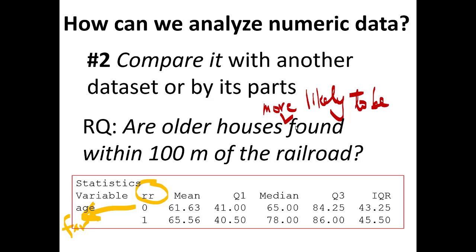By far away, it means that a house is 100 or more meters away from the railroad, whereas a 1 means that it's close, or within 100 meters of the railroad.